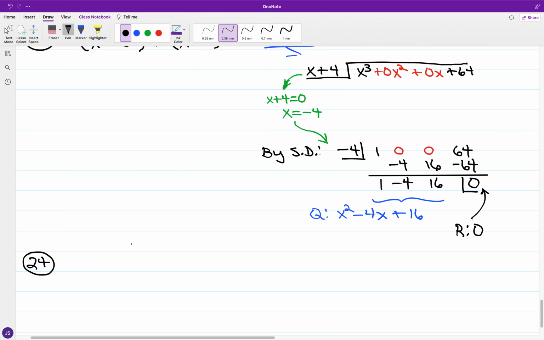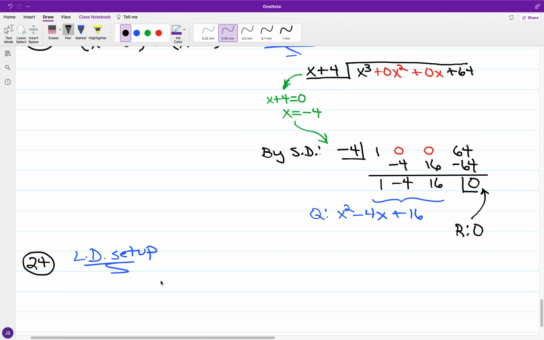Now for 24, we're looking at the divisor x minus 2. And we're involving, it looks like, a fourth order polynomial dividend.